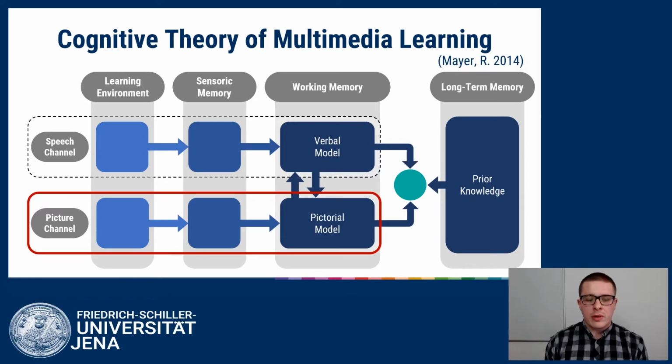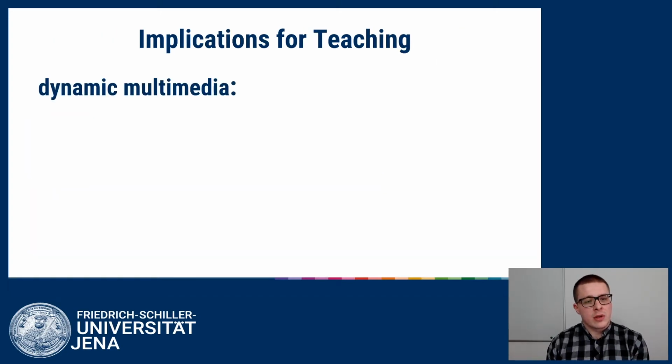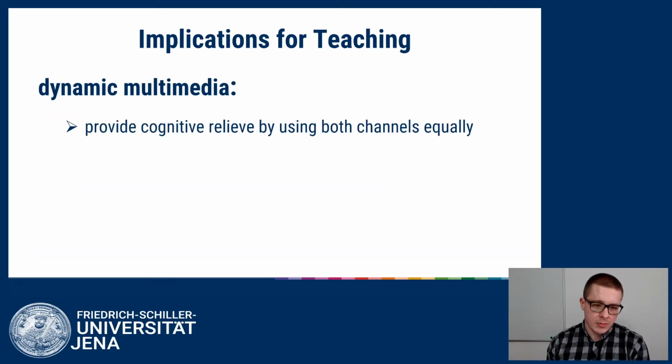When learning with dynamic multimedia, however, both channels can be engaged equally, which should result in some kind of cognitive relief, and so students can spend those saved resources on other cognitively demanding tasks, which should result in a more elaborate mental model. So the first possible advantage of dynamic multimedia could be that they provide cognitive relief to students because they use both channels equally.